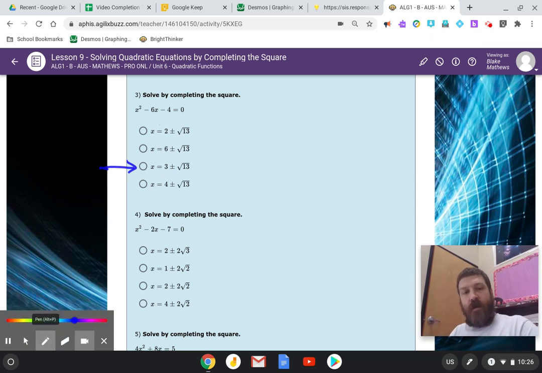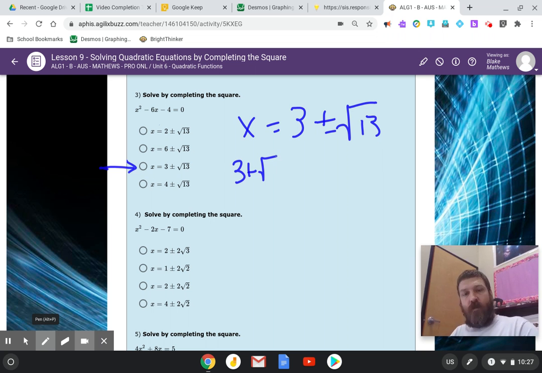So let's take this out over here, and we have x equals 3 plus or minus the square root of 13. Well, what if it's 3 plus the square root of 13, or 3 minus the square root of 13?